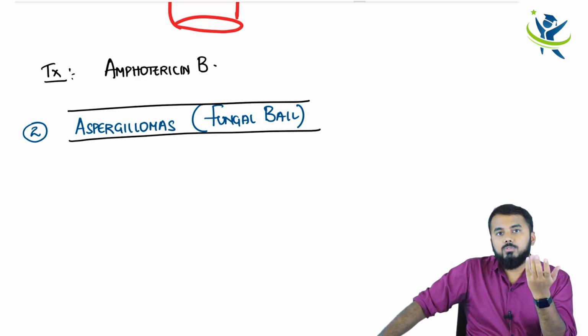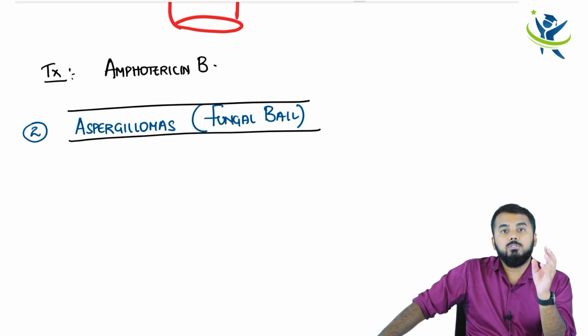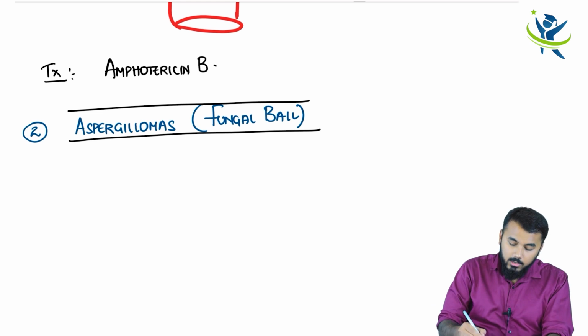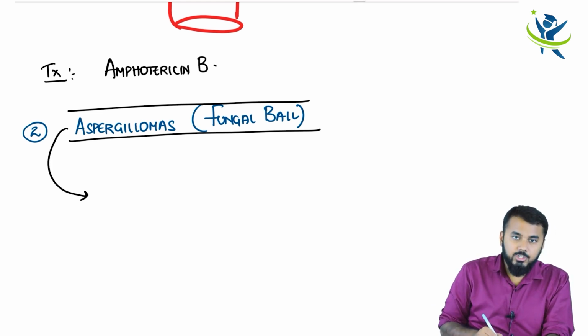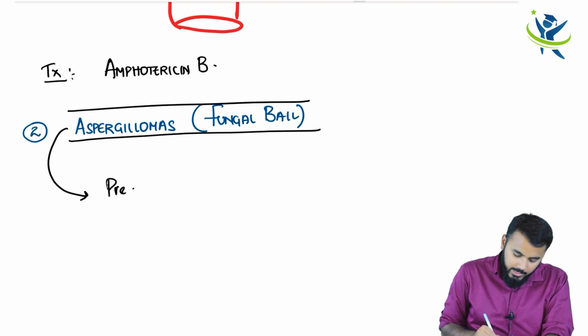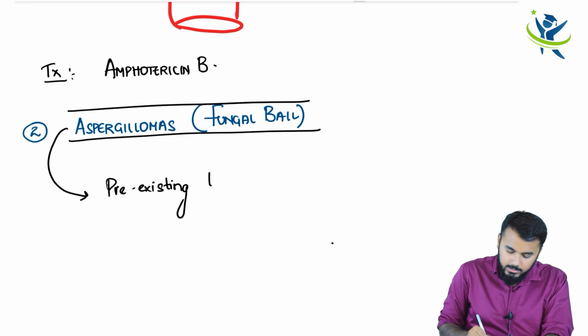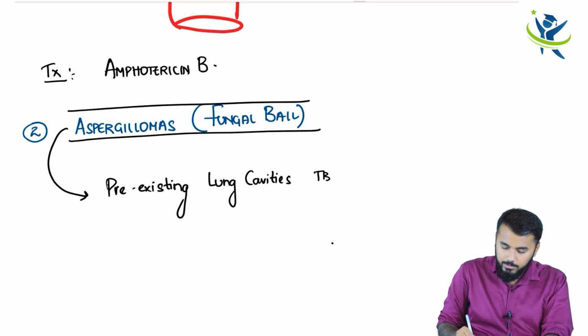So where do you see aspergillomas? You see them in a patient with a pre-existing lung cavity because of TB.